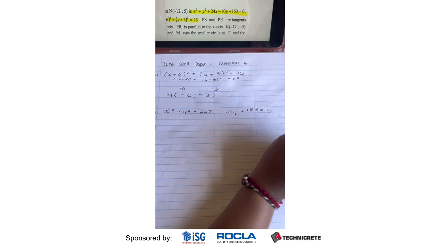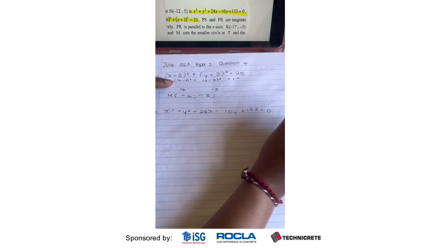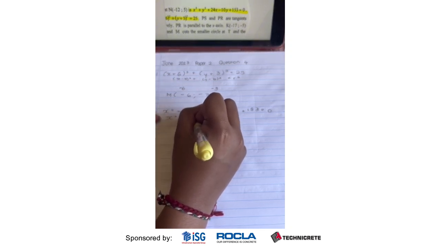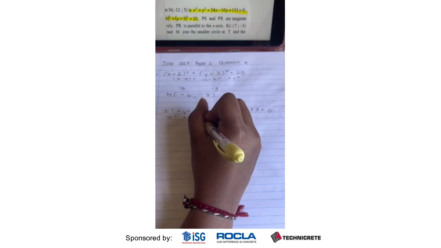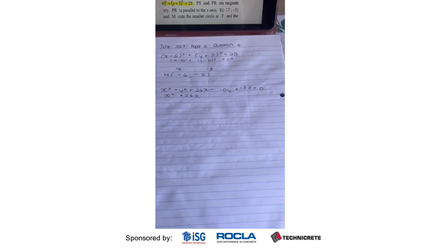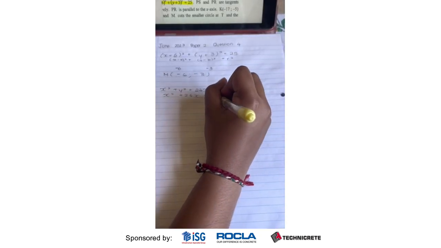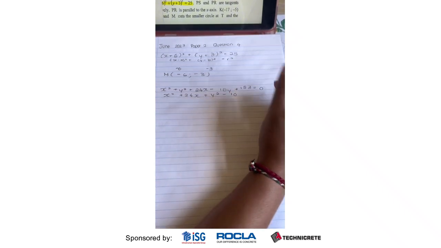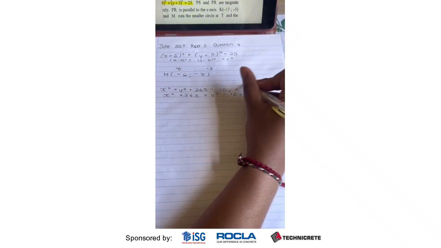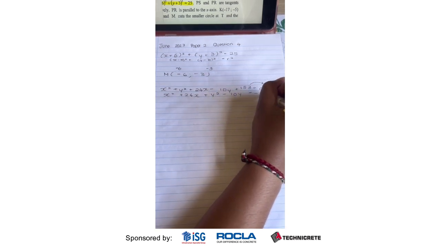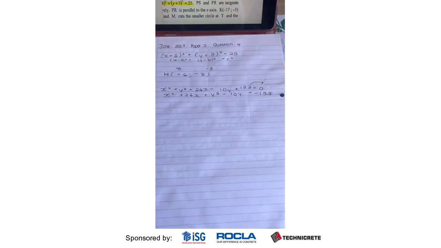And we want to take this and get it into the standard form. So first thing I'm going to group together is my x values, plus y squared minus 10y. I'm going to take this constant to the other side. It's equal to negative 153.